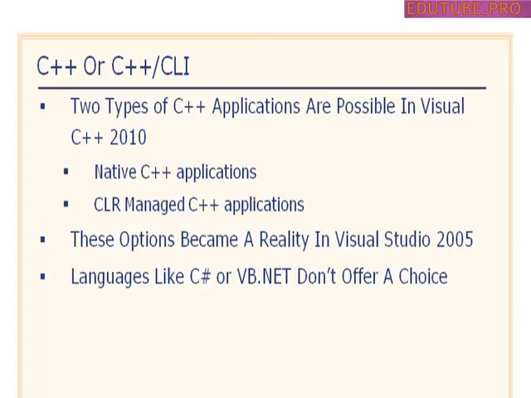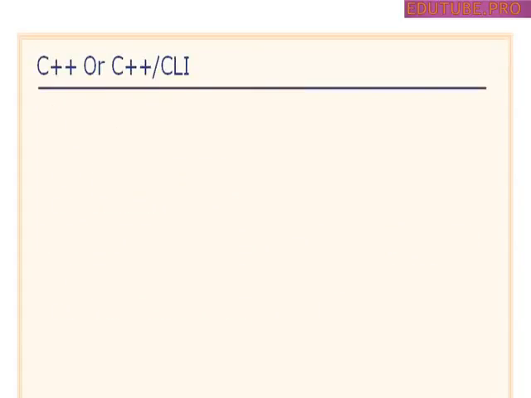If you've ever developed in C# or VB.NET in the Visual Studio environment, you'll notice, wait a minute, I've never had to deal with these kinds of choices before. It's because both C# and VB.NET run as what's called managed code, or CLR managed code. And some of you are saying, wait a minute, what exactly is a CLR? Okay, we'll get to that in part two.